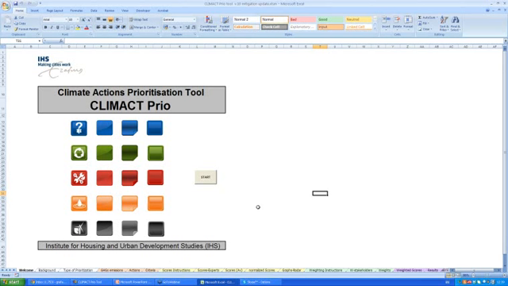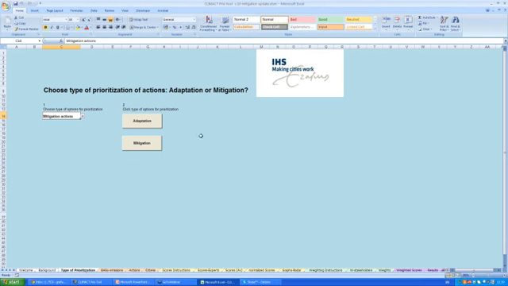So I'm going to present just a version of this tool, and as I said before, certain things can be devised according to the needs. Starting from the type of prioritization, we could select if it's adaptation or mitigation. For this example, we assume it is for the mitigation problem, and we have the greenhouse gas emissions profile.